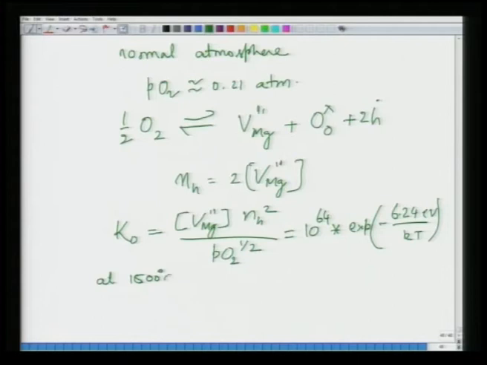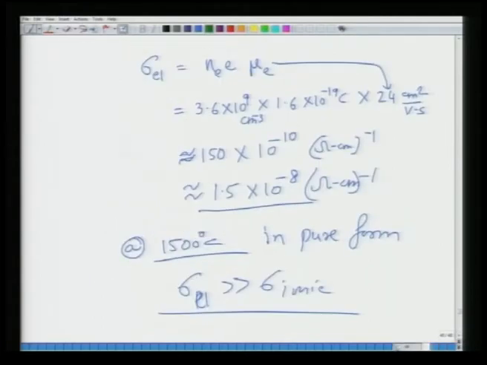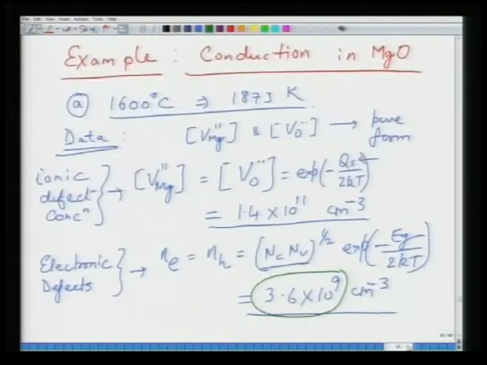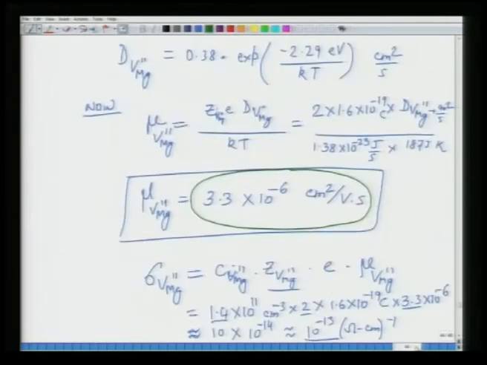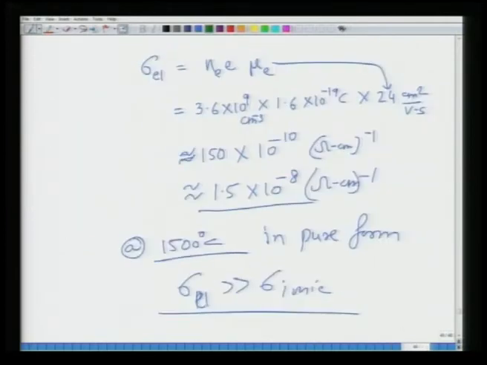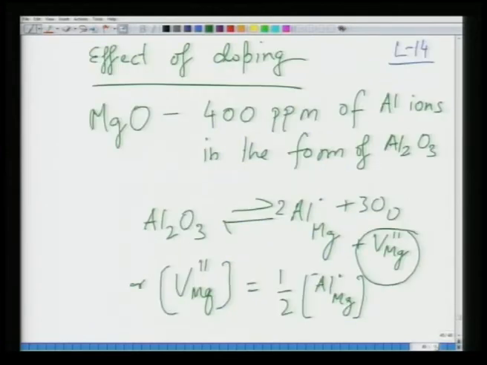Okay. So, at 1600 degree centigrade in air, there is a correction to be made in the previous slides: it should be 1600 degree centigrade, not 1500. That is the only change.